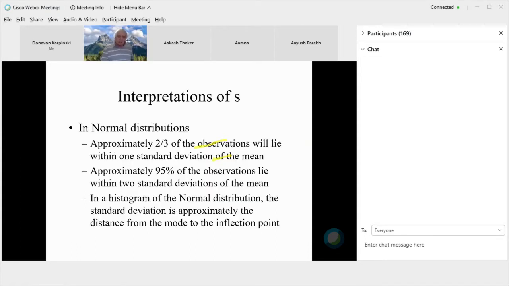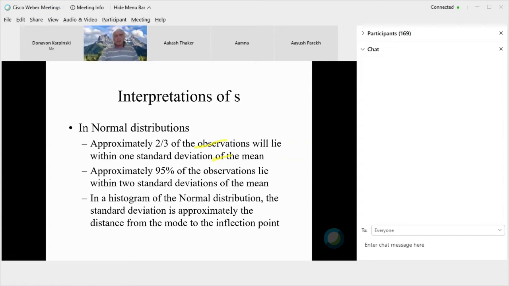The interpretations of s. In normal bell-shaped distributions, approximately 2/3 of the observations lie within one standard deviation. Approximately 95% lie within 2 standard deviations. If you draw a histogram of a normal distribution, it's a bell-shaped curve.